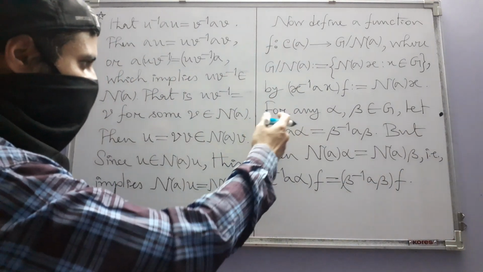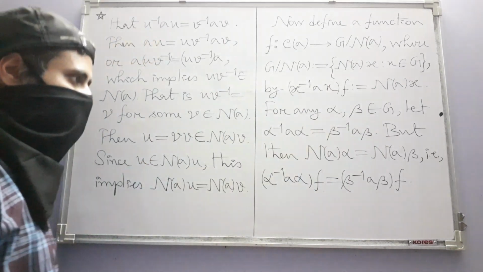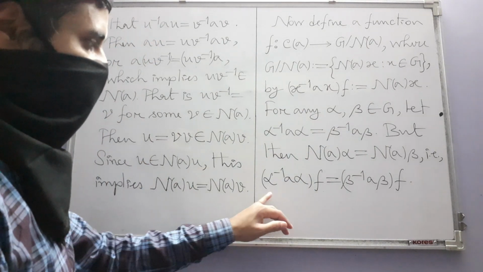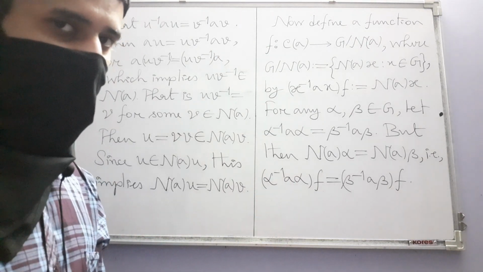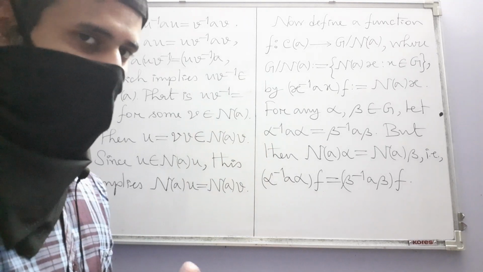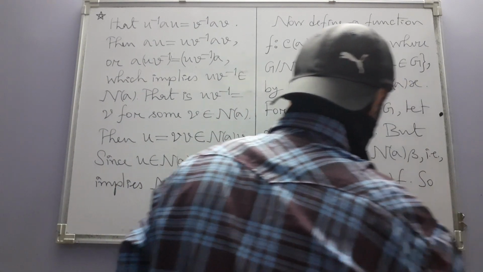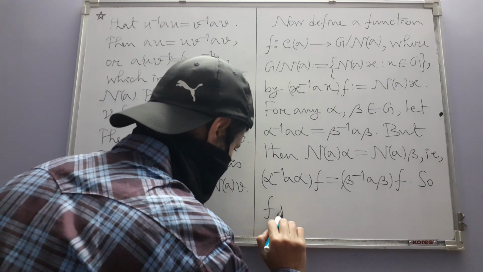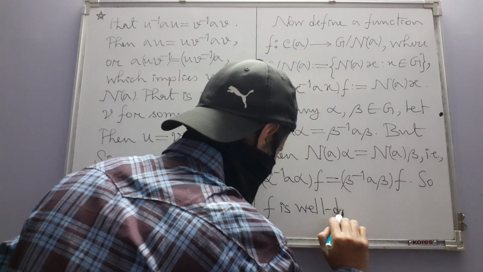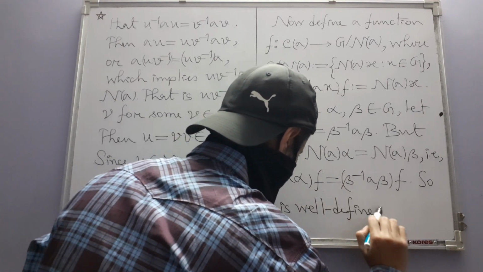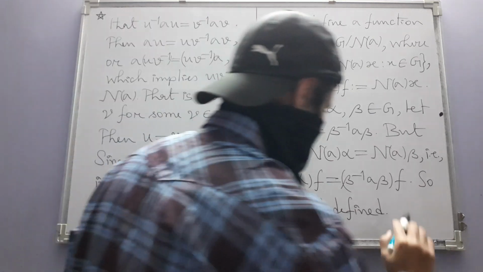So if you have a single input but two different representations of that single input, then it does not matter which one you use to generate your output. You get a single output itself. So F is well defined.